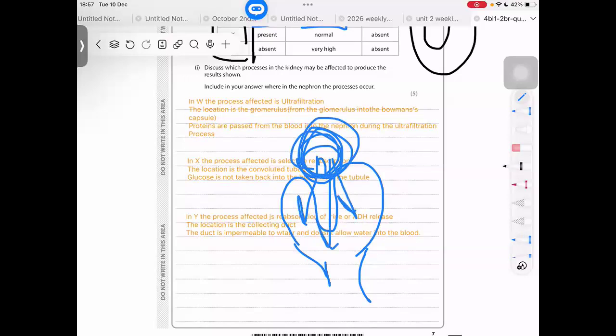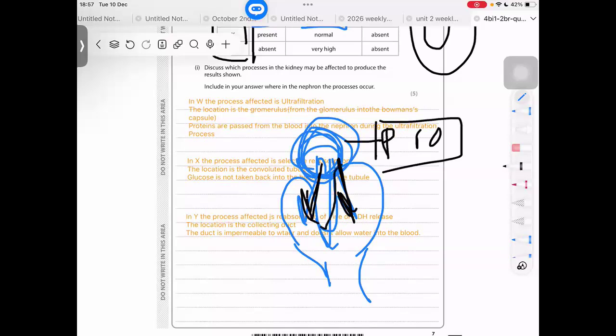I already told you, during ultrafiltration, proteins do not get into the nephron because they are very big molecules. They can't diffuse into the nephron easily. Only the soluble, tiny ones pass through this membrane, through this simple epithelium, into the nephron.